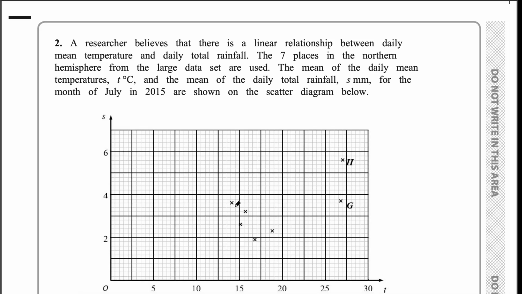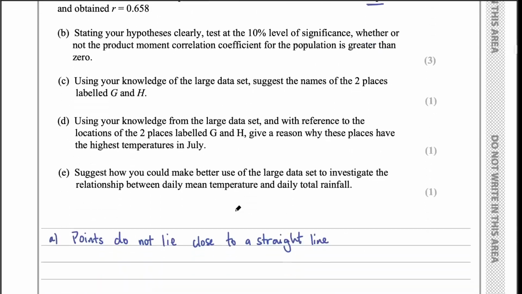One way might be to look at one location, and rather than take the mean of 1 month, use all of the data in the data set and look for a correlation across one location across time. That might be a more helpful way of looking for a correlation. There's no real reason to use more locations. This hypothesis is not based on location, it's just looking for a relationship between temperature and rainfall. So one location might be more helpful.